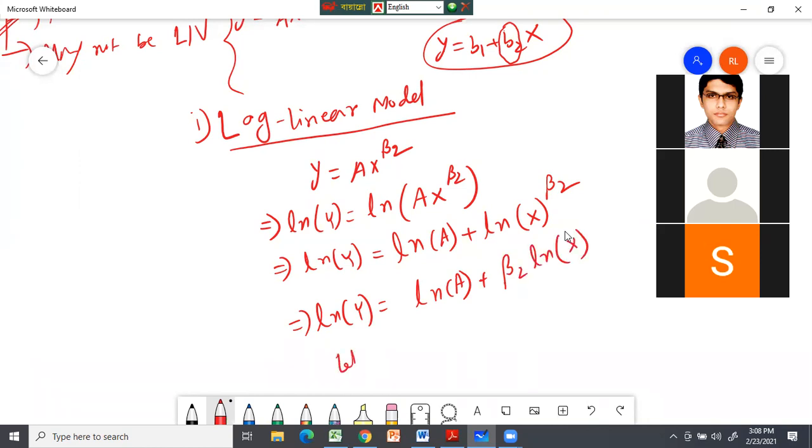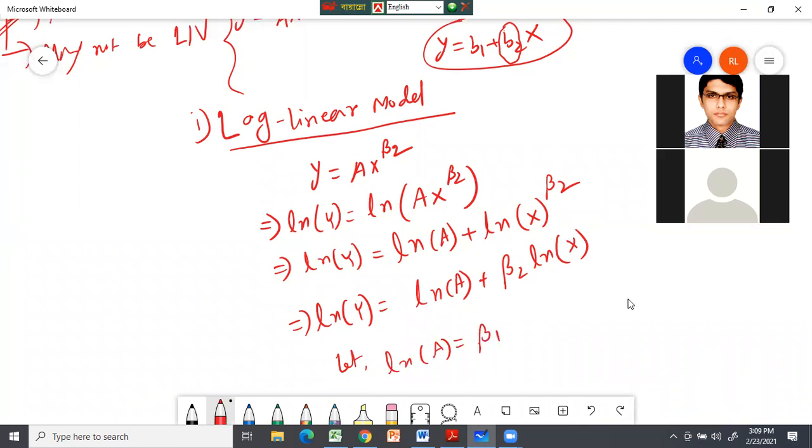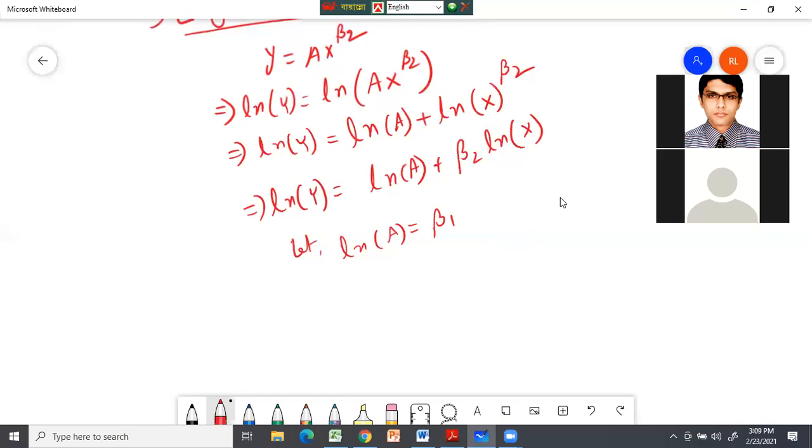And now just let log of a equal beta 1. So your ln y is equal to beta 1 plus beta 2 into ln x. And this is your log linear model.